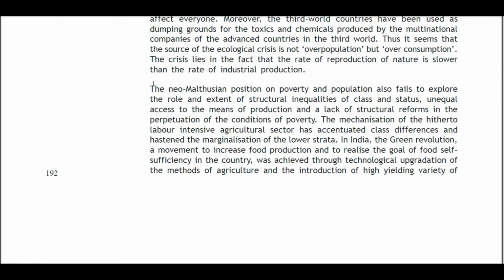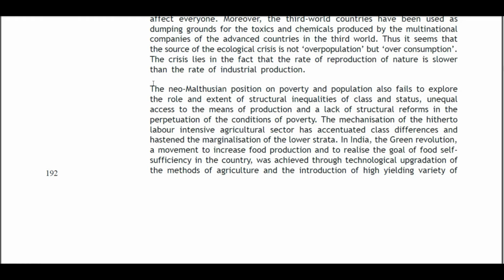The Neo-Malthusian position on poverty and population also failed to explore the role and extent of structural inequalities of class and status, unequal access to the means of production, and the lack of structural reforms in the perpetuation of the conditions of poverty. The mechanization of the hitherto labor-intensive agriculture sector has accentuated class differences and hastened the marginalization of lower strata.